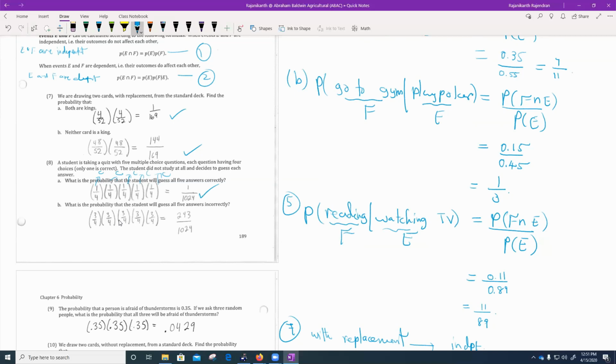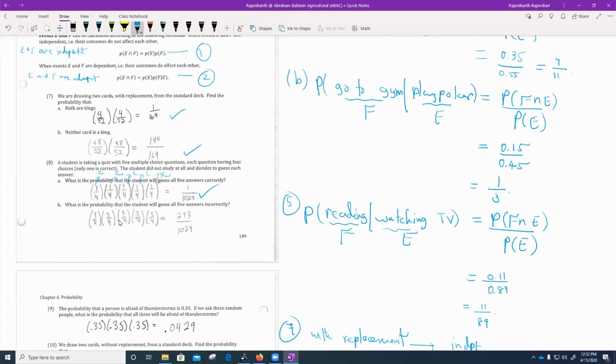Again, the next one, that's going to be very easy now once you understand the first part. What is the probability that the student will guess all 5 answers incorrectly? Again, all 5 questions are independent, so you have to multiply all 5 one by one. So getting correct answer for each problem is 1/4. Therefore, the incorrect is going to be 3/4. Remaining all 3 are going to be wrong answers, right?